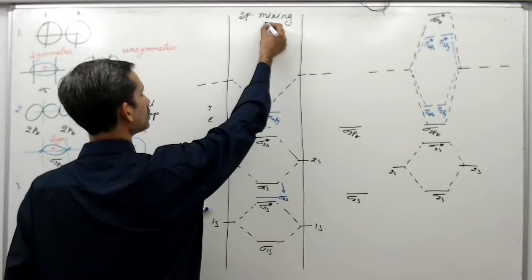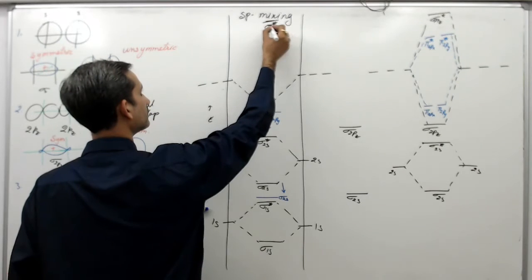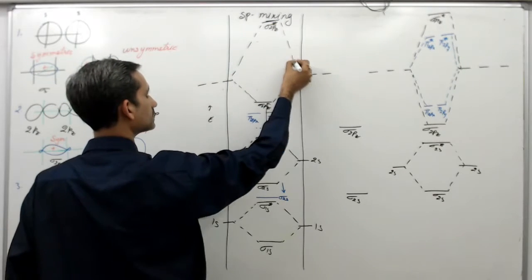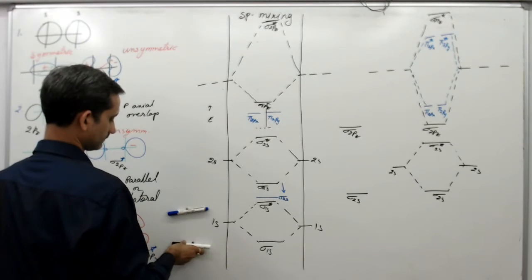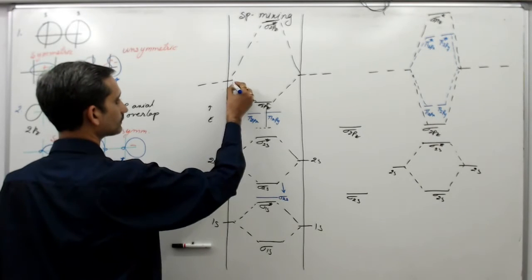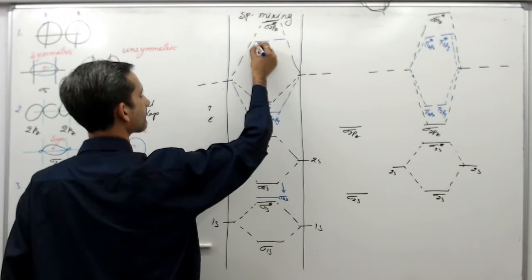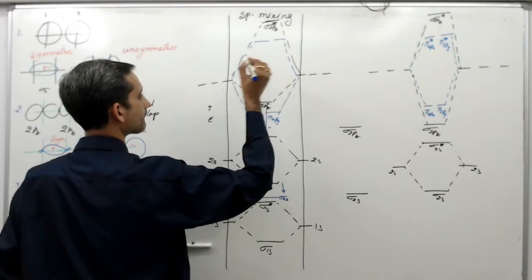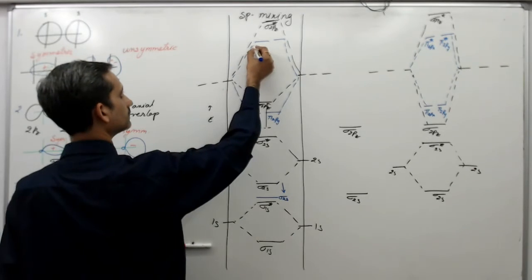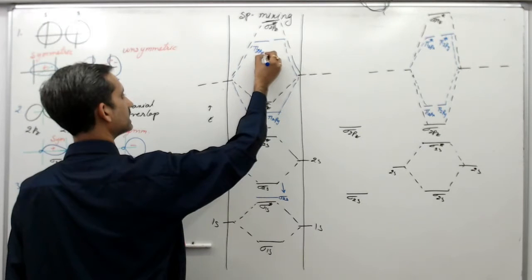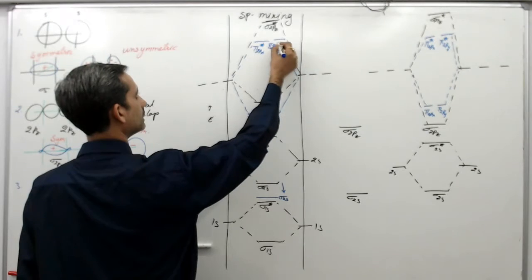But the higher energy orbital remains the same. Sigma star 2pz remains at the same position. It's not going to come down. This doesn't change. This is again pi 2px star, pi 2py star.